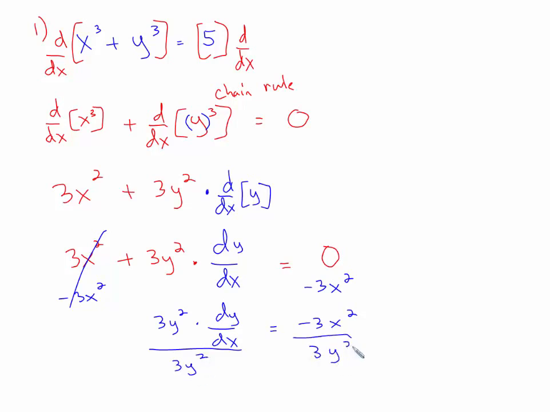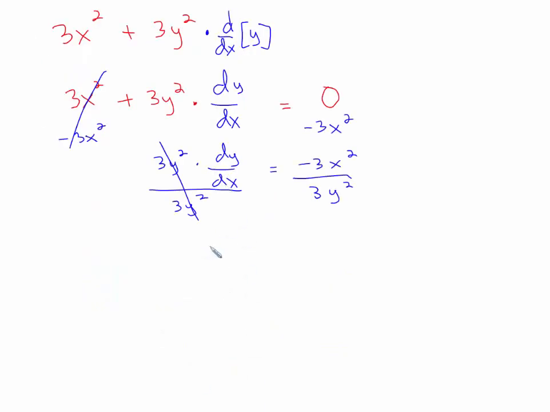These divide out, so we end up with dy/dx equal to negative x squared over y squared.